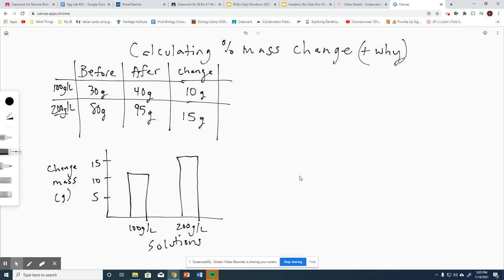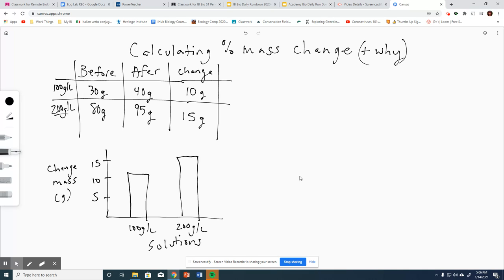Okay, so what this looks like right now, it shows that the 100 gram per liter solution gained 10, and the 200 gram per liter solution gained 15. So it makes it look like the more concentrated sucrose solution you have, the more water is going to go into the egg, right?